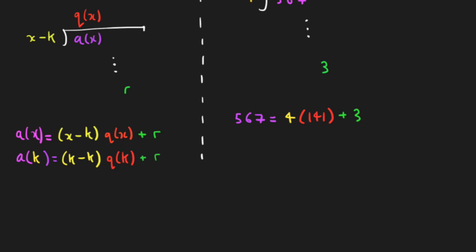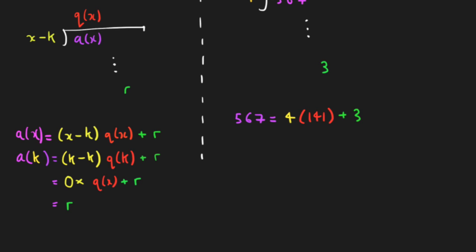What does that equal? You might see where this is going. k minus k is just 0, times q of k, plus r. And this whole thing just becomes 0, so we're left with r by itself.